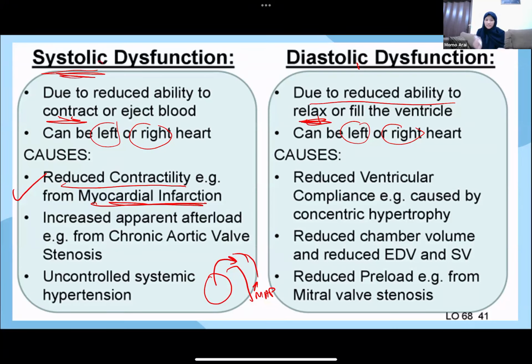That's a systolic dysfunction because it can't pump against this high MAP, against this high pressure. So increased afterload due to aortic stenosis. If you have aortic stenosis here, for example, it's a very narrowed valve, so the blood is not able to go through it very well. So that's systolic dysfunction, right? So increased afterload is one of the reasons.